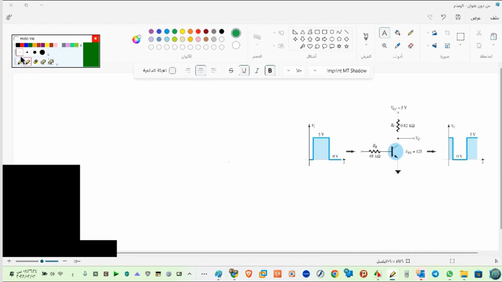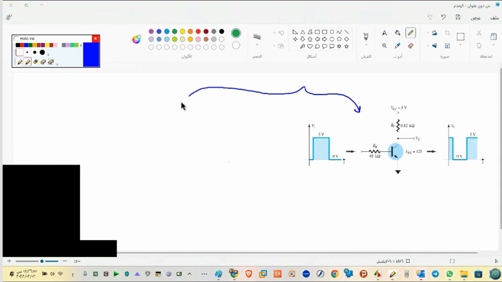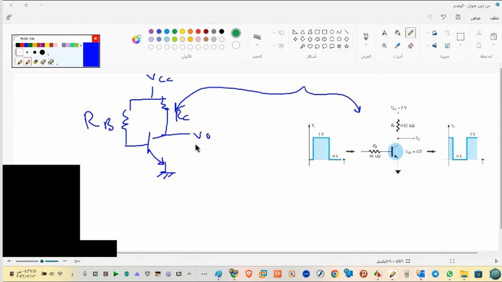Okay. Now, why is this? Because in transistors, we have two models, this model that we talked about before, with RC, RB, VO.